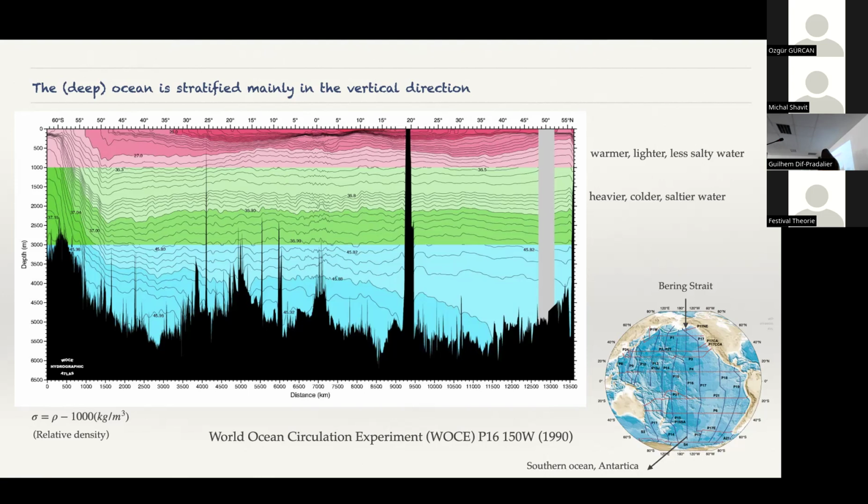You might be surprised that measurements from the 90s are still relevant. Oh, this is topography, that part is the topography of the ocean surface. There's an island, yes, that's Hawaii.